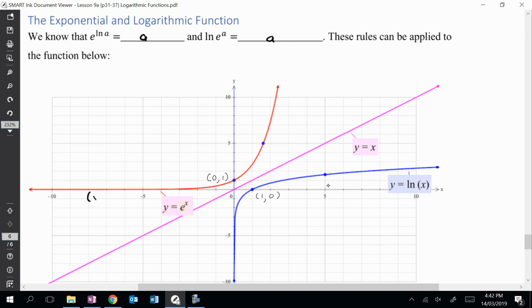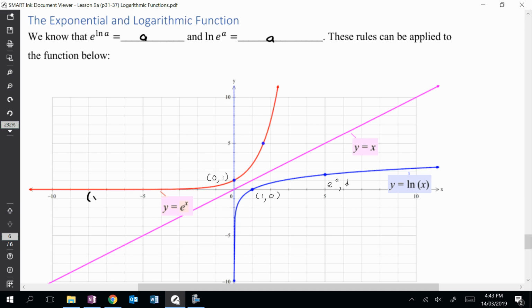Well, let's say this point is some value, e to the power of A. We know that e to the power of A at some point would equal 5.